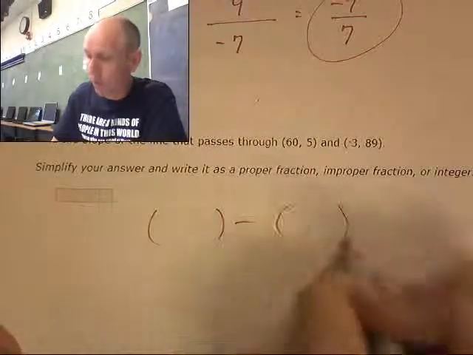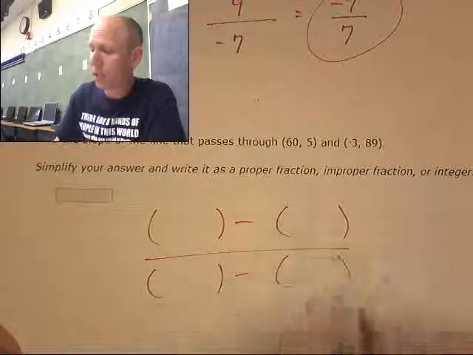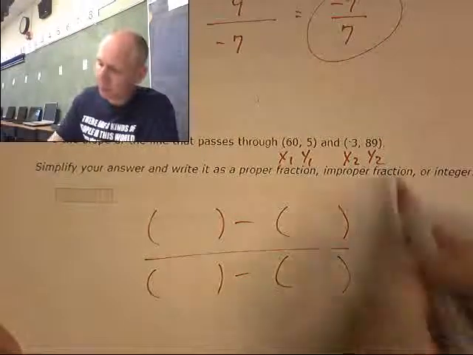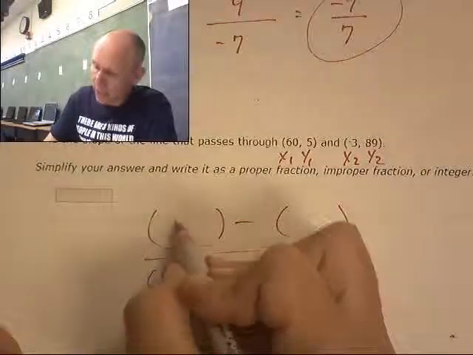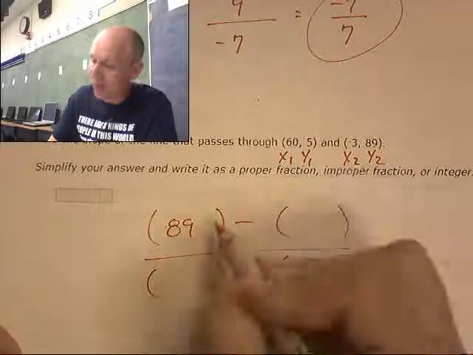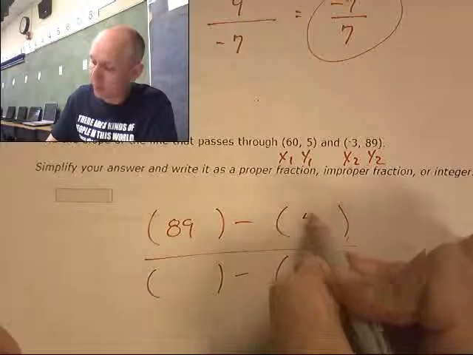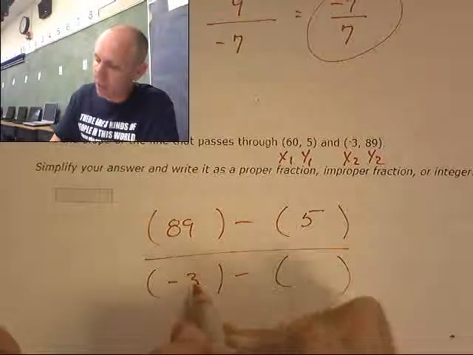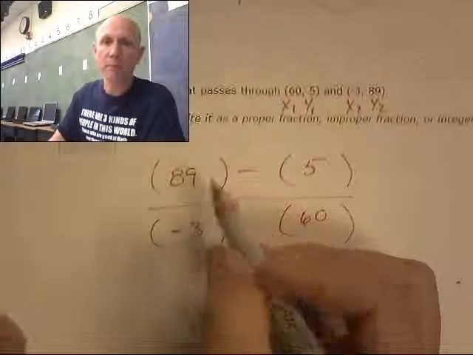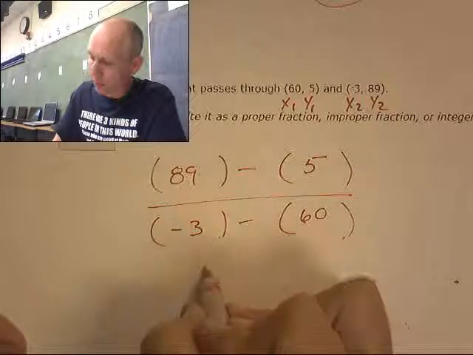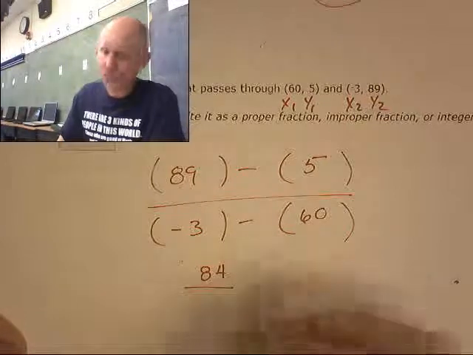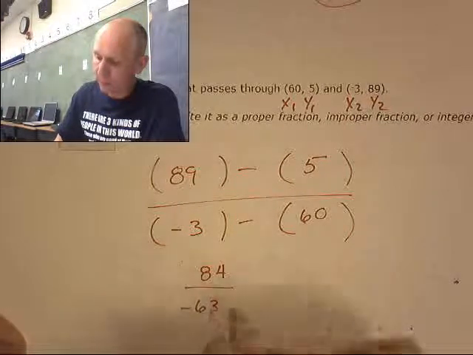Magic equation. x1, y1, x2, y2. y2 is 89, y1 is 5. x2 is negative 3. x1 is 60. 89 minus 5 takes me to an 84. Negative 3 minus 60 takes me to a negative 63.